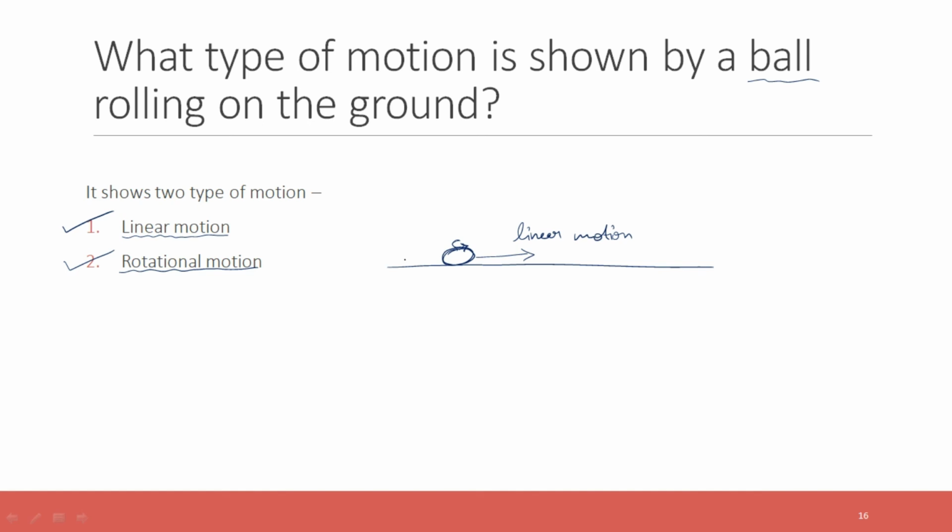Similarly, what two motions will you see in the example of the earth? The first is curvilinear motion, or periodic motion, and you can say rotational motion also. So there may be objects which show more than one type of motion at a time.